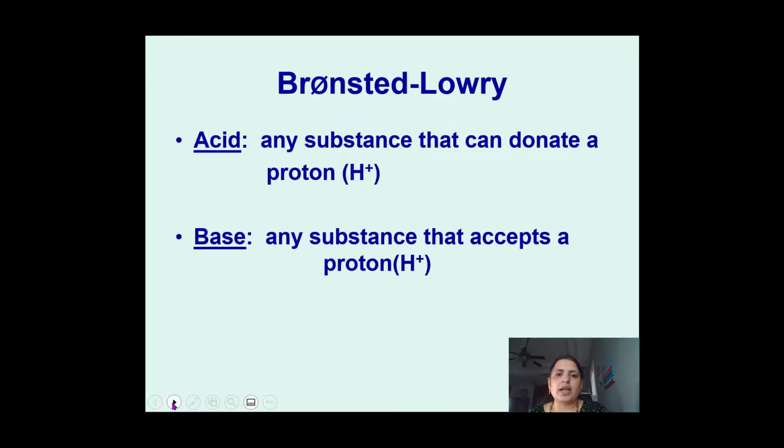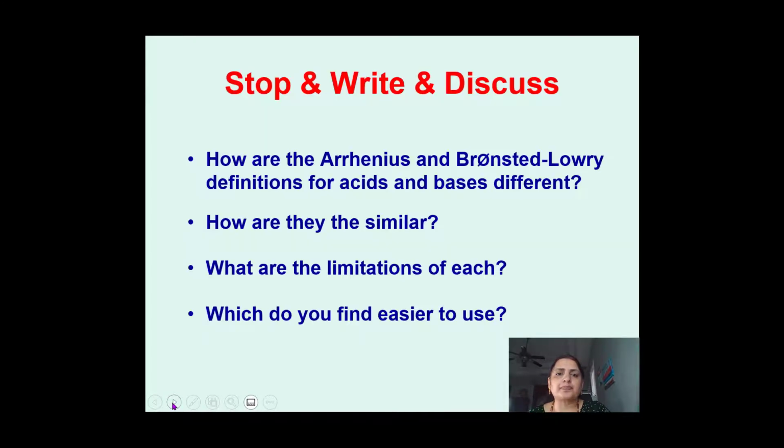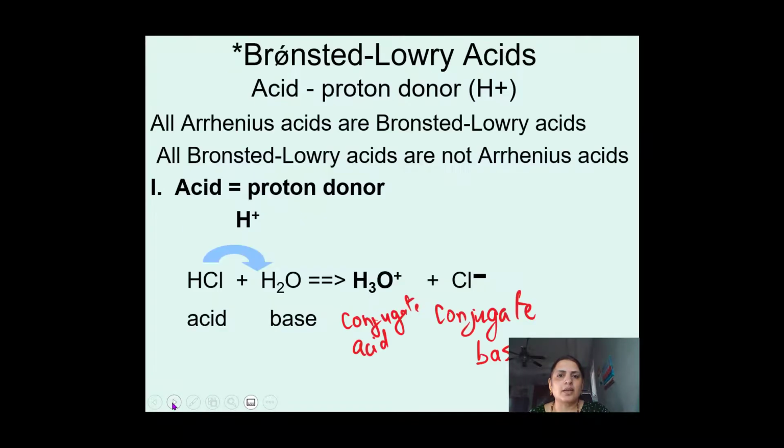Okay, so let's look at how we identify Bronsted and Lowry's acids and bases. Think about these questions. Okay, so here is an example of Bronsted and Lowry's acids. So you have to look at a reaction to figure out if it is a Bronsted-Lowry acid or a base.